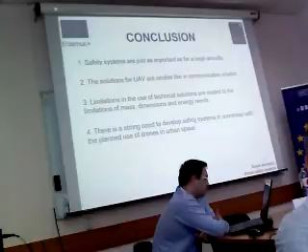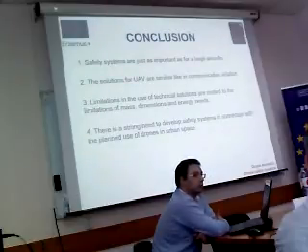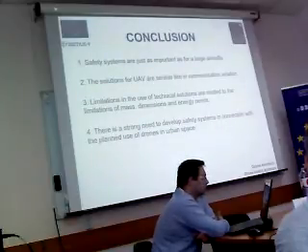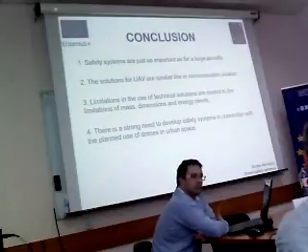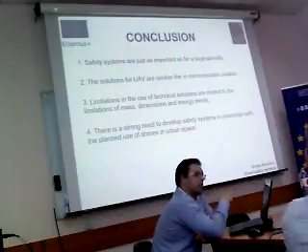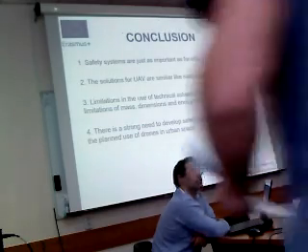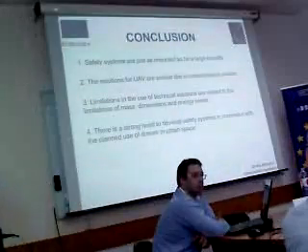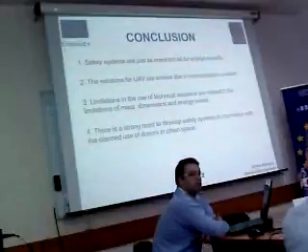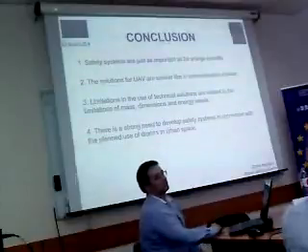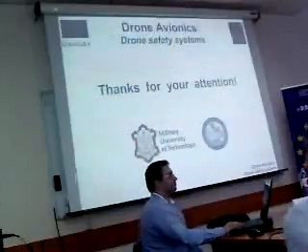And if we look at what will happen further, we are talking about use cases like flying in urban areas. You can see that there is a strong need to develop safety systems that can provide an appropriate level of safety when the drone is working above the heads of people. So I think that's all from my side. Thank you.